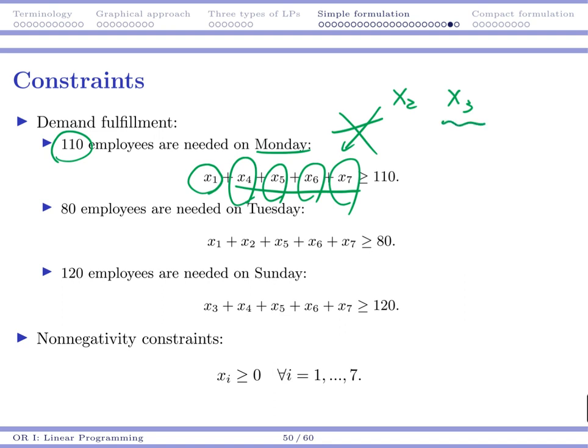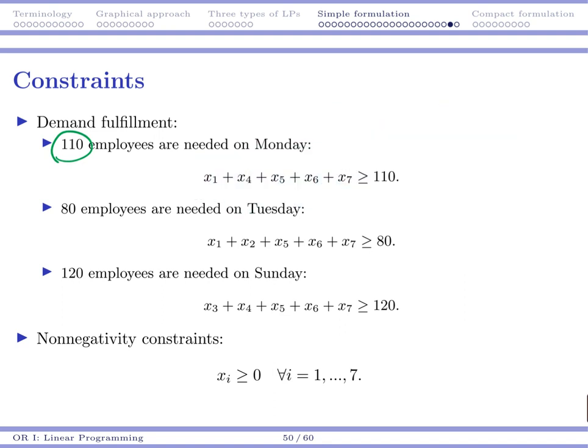If you start to work on Wednesday, you don't. So we may collect all those shifts on the left-hand side as the persons who will work on Monday. The sum of the persons in these 5 shifts must be at least 110.